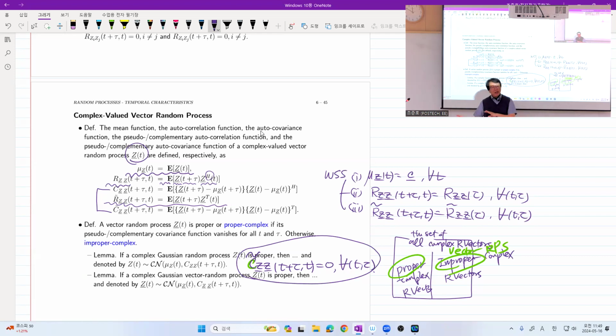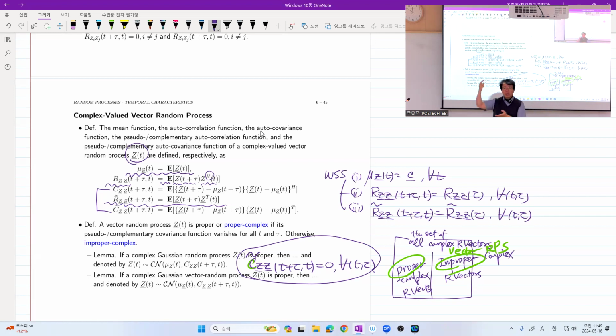Anyway, I usually talk about why this propriety is important for communications engineers. I will not talk much about it, but that may appear in your final exam, so I give you a hint. Suppose we have a radio communication system. As I told you, in a radio channel, everything can be modeled as a real valued bandpass signal. Now, suppose our noise or interference can be modeled as a real valued bandpass signal.